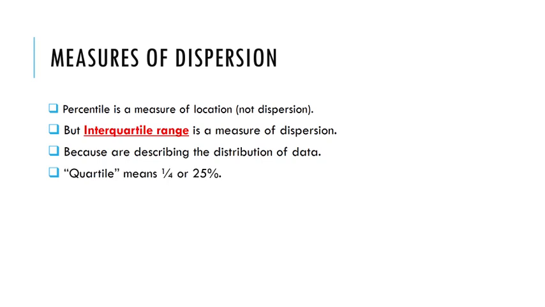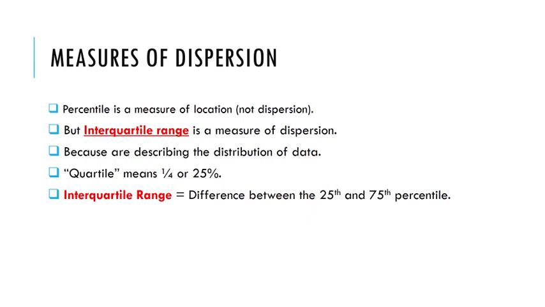When we think about the word quartile, quartile means 1/4 or 25%. So the interquartile range is going to be the difference between the 25th and the 75th percentile. In other words, it describes the middle 50% of the observations.